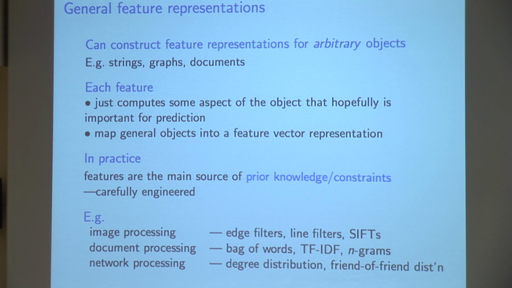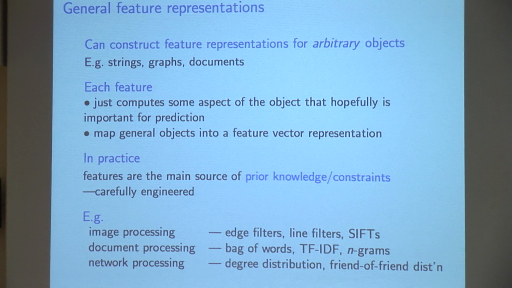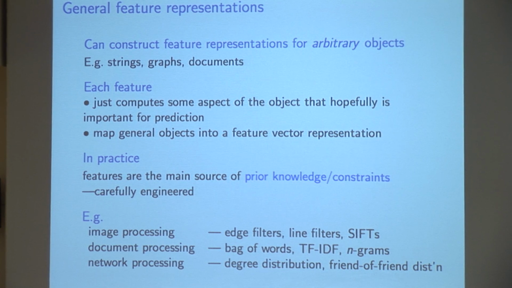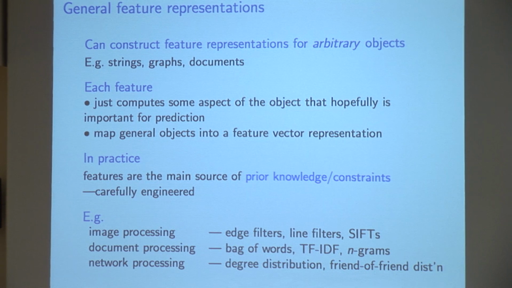Nevertheless, you can still treat such objects in a linear framework simply by the same mechanism of designing feature functions over those objects. So over a string, I can certainly have feature functions that count n-grams, like how many times does this pattern appear in the string? And that would just be a feature, one dimension in my re-representation.